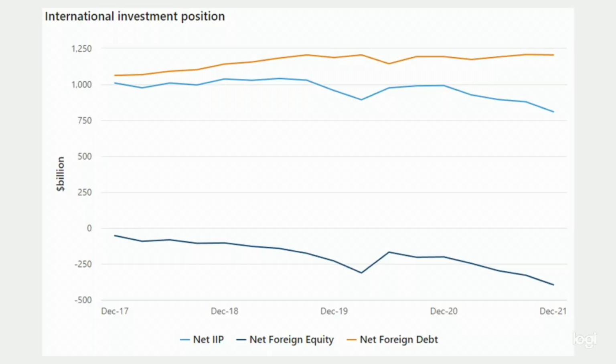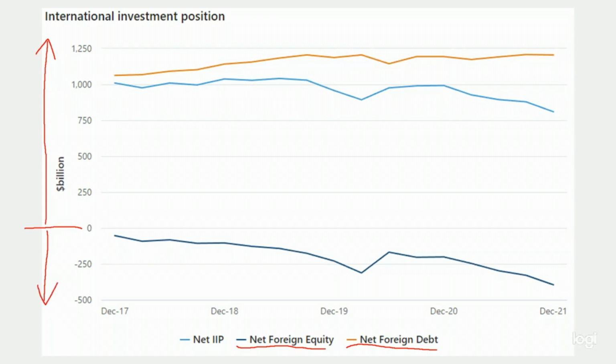And so we can represent everything that we've just looked at in a graph like this. So in the orange, we're looking at the net foreign debt. And if you're looking at the left side, it's above zero. And so what this is simply showing is that Australia has borrowed more money than it has lent out. Now, net foreign equities is going to be in this bottom here, this line below 0.